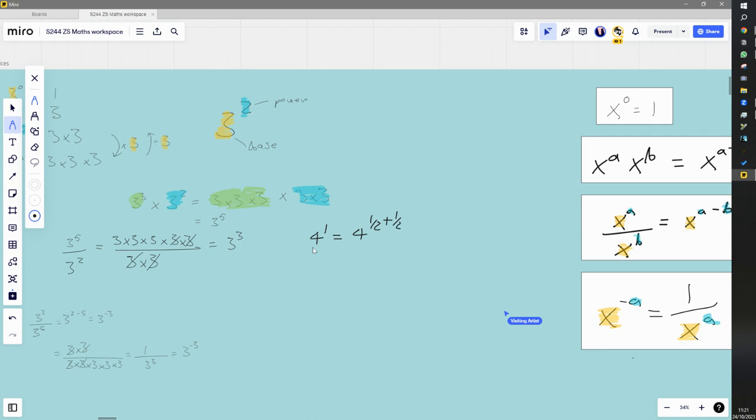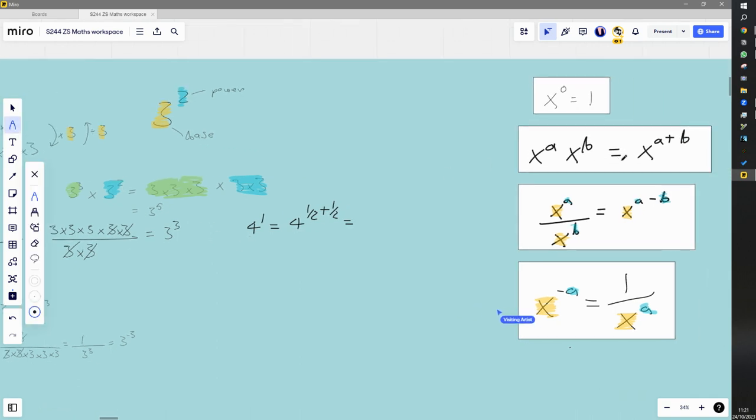Clearly, a half plus a half is 1, right? And we know that when we do that, according to this rule on the right here, that is the same as saying 4 to the power of a half multiplied by 4 to the power of a half. That's just using this second rule here.